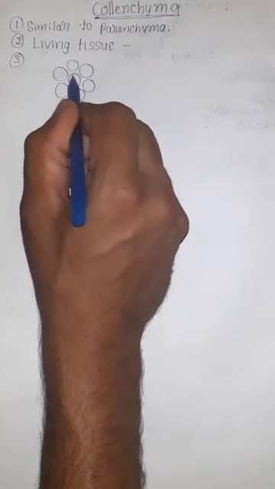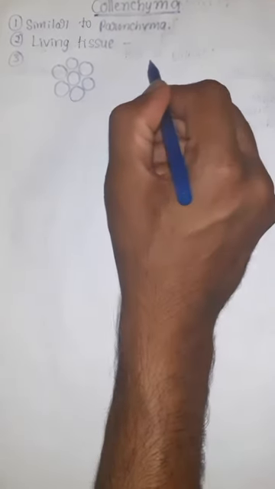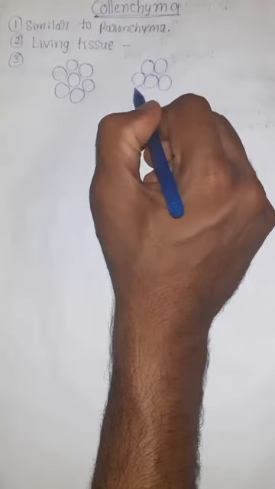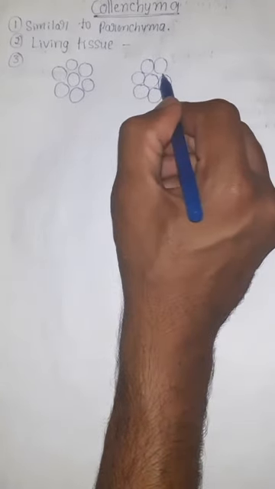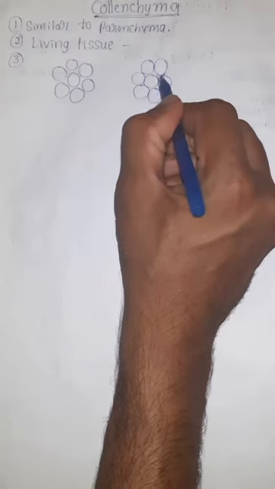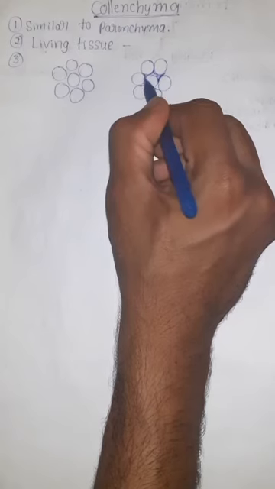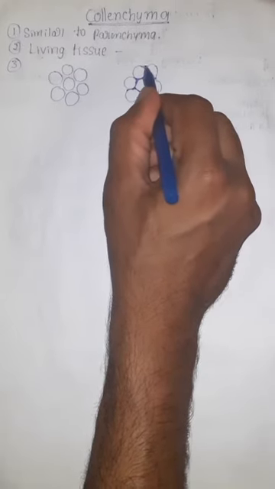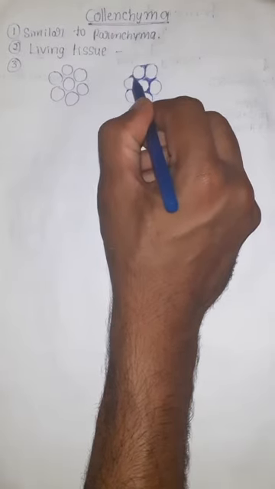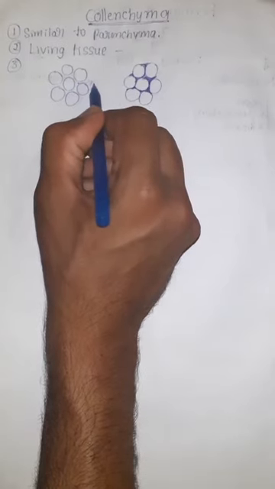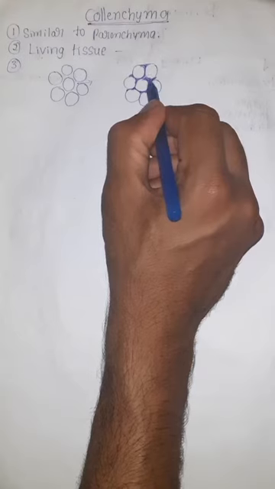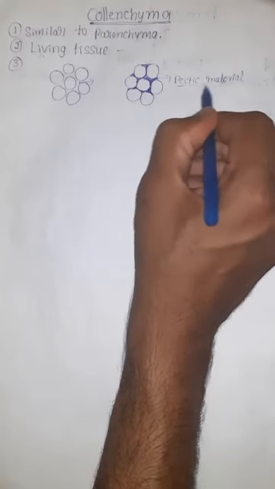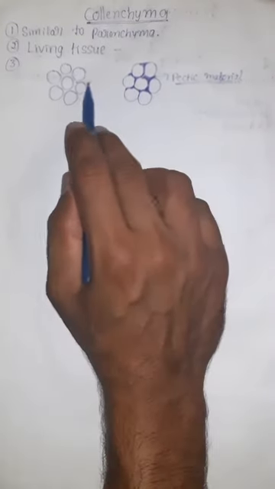Here, the cells are arranged in the same manner, but the intercellular space is occupied by pectic wall substance, so the intercellular spaces are absent. That is the only difference between parenchyma and collenchyma.